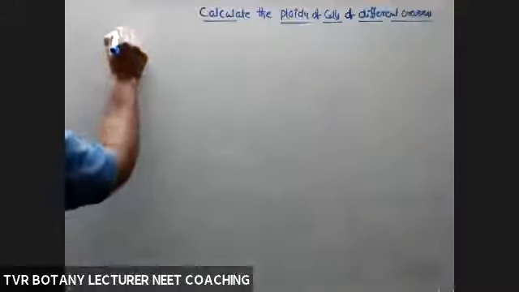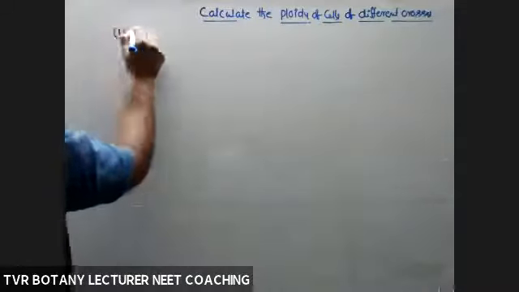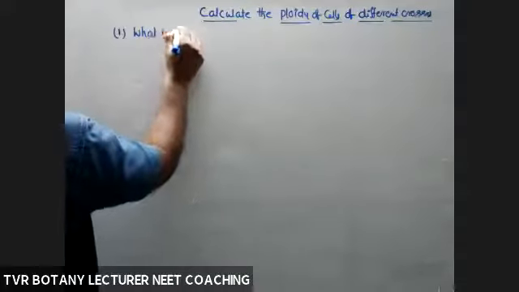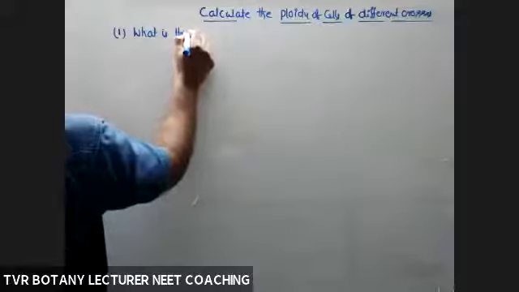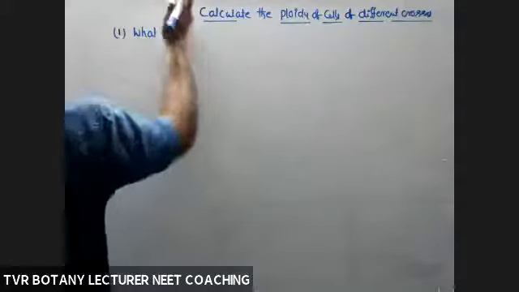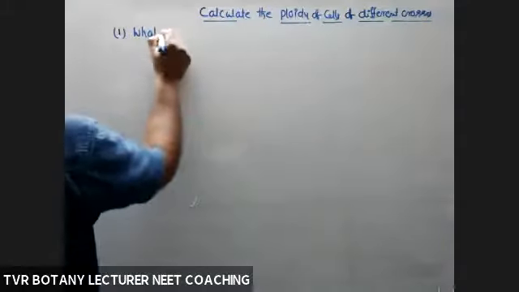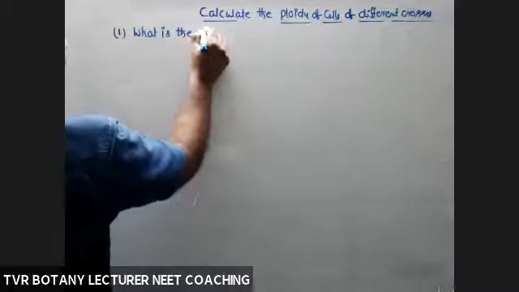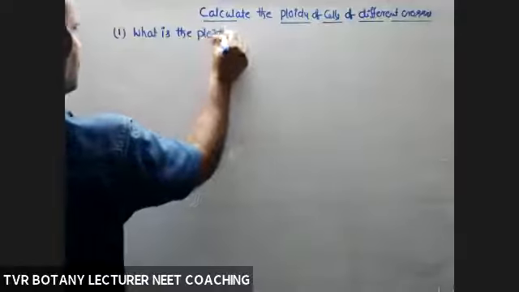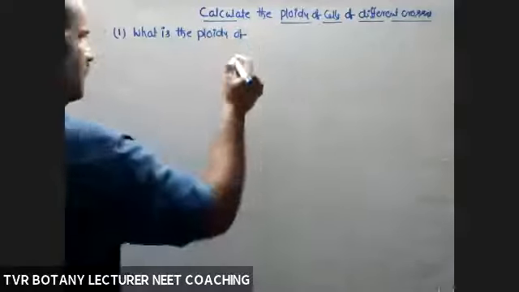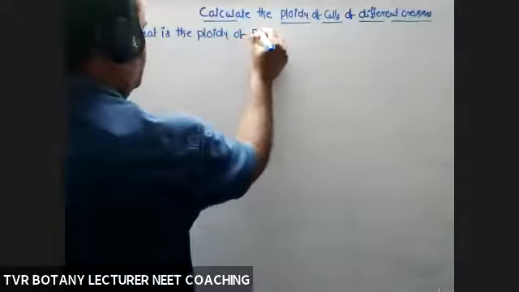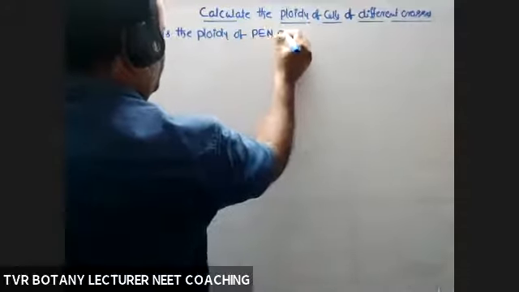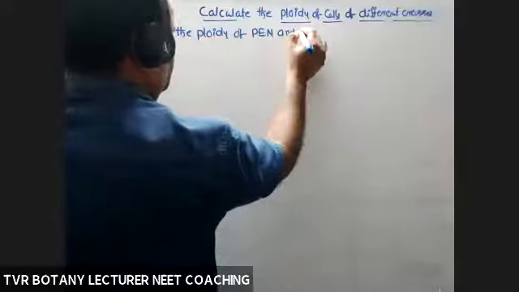Okay, so first one, what is the ploidy of PEN, primary endosperm nucleus, and zygote?